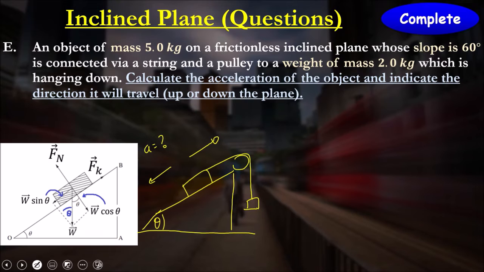A clue for you all is we have the weight force of our block down here, Fg, but we also have the weight force of this little block, Fg, down here. And it's because of the force from this little mini block that gives us the tension. So the force of the string, or the tension of the string, is given by this Fg here. So they're equal to each other.